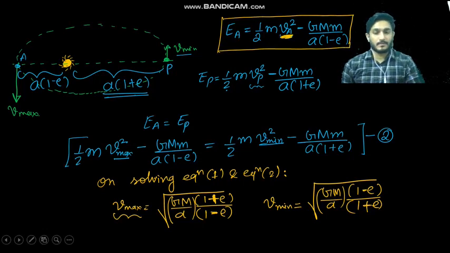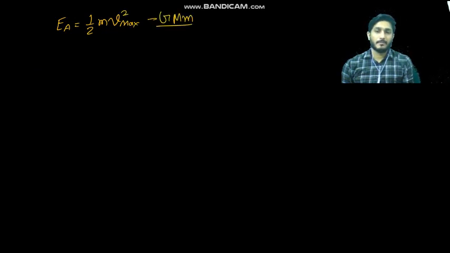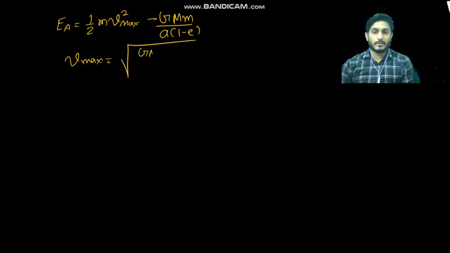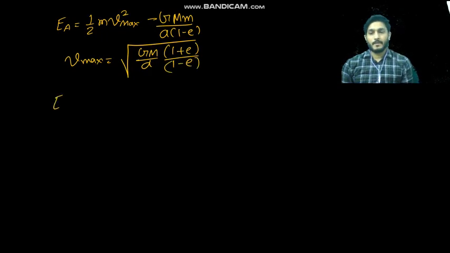Energy at point A, or aphelion, was half m vmax square minus GMm upon a into 1 minus e. It is the minimum separation. I am going to put the value vmax equals under root of GM by a times 1 plus e upon 1 minus e.